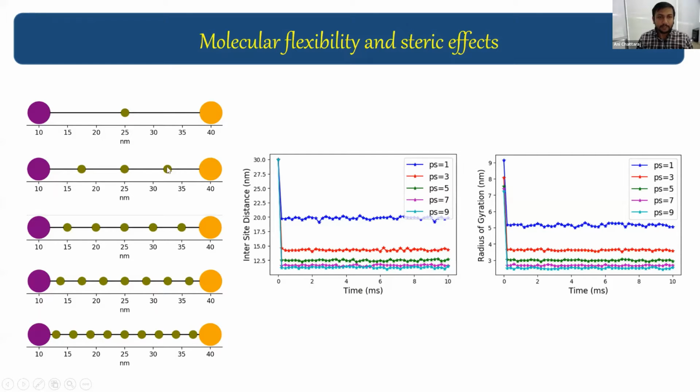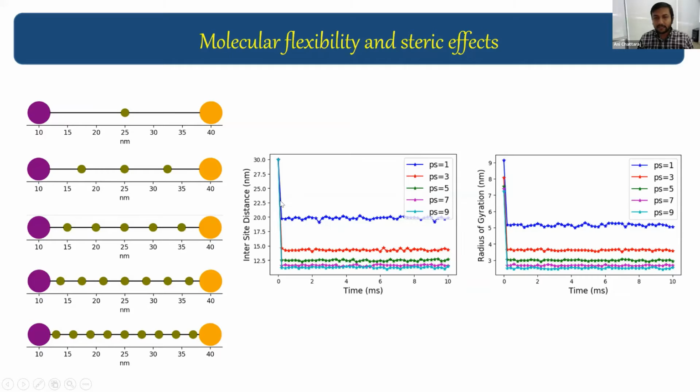I'm showing how to mimic the structural flexibility of a molecule. Let's say you have some protein molecule, and these are the 2 binding domains or biochemically active domains of that protein. How do you model that protein? The number of sites decides the overall compaction and flexibility of the molecule. Here I'm showing the distance between this ball and this ball as a function of time.